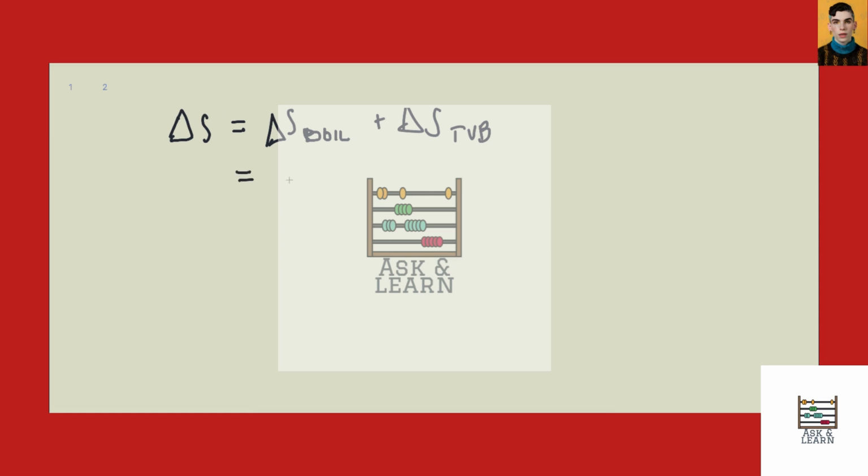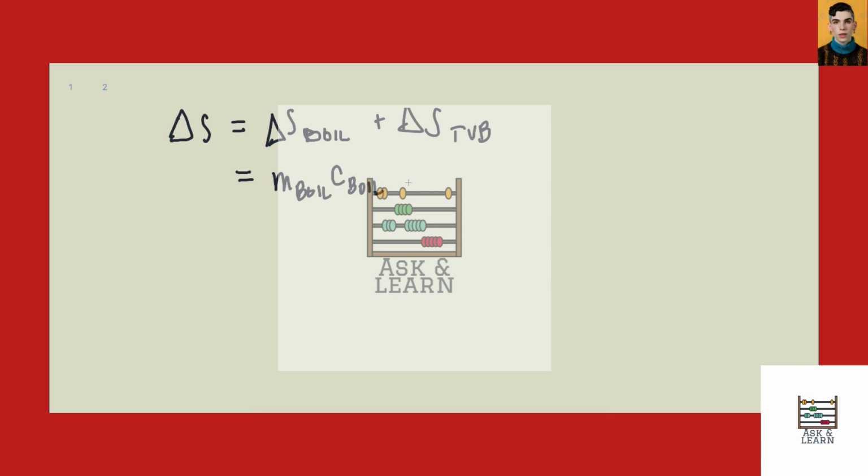And then we can use the formulas that we have. So M boil, C boil. This is, just generally, a formula for the change in entropy of a substance when it's heating up.